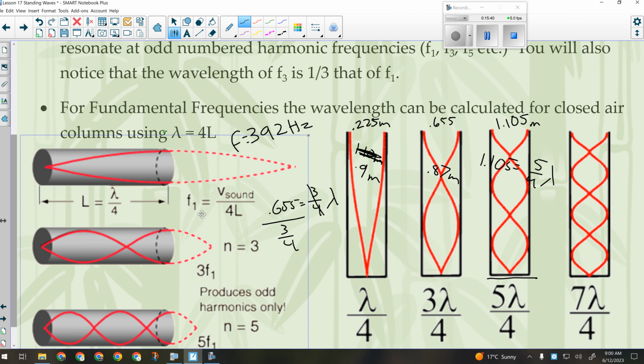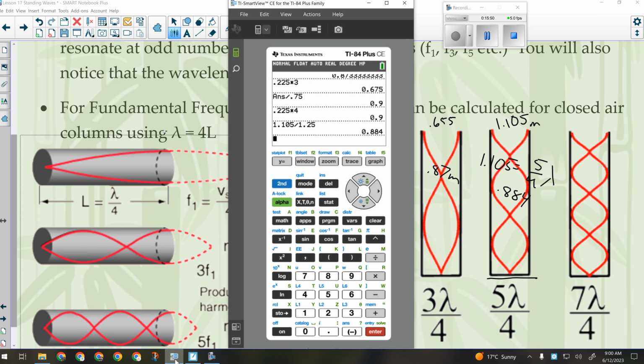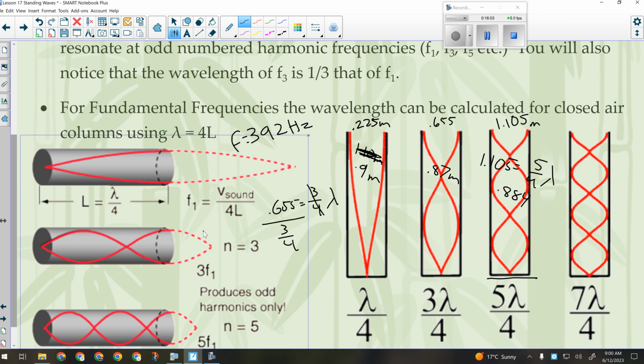So nice and close. They're all really close actually. Okay, so I'm just going to average those numbers. I'm going to take that number plus 0.9 plus 0.87 divided by 3. Okay, so 0.885. All right, so our average wavelength is 0.885 for that tuning fork.